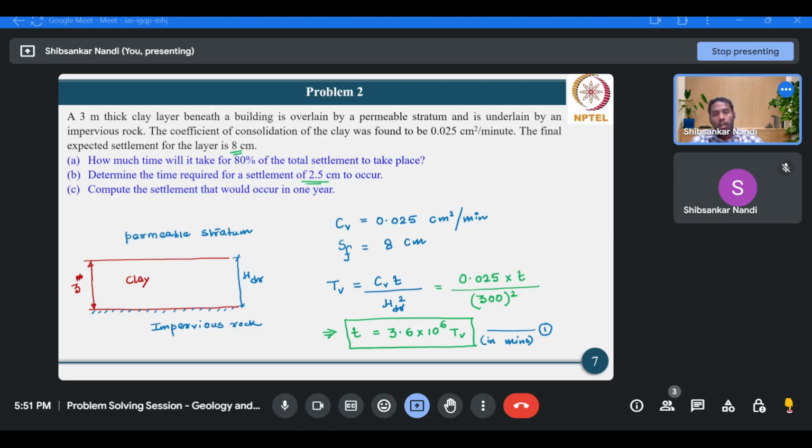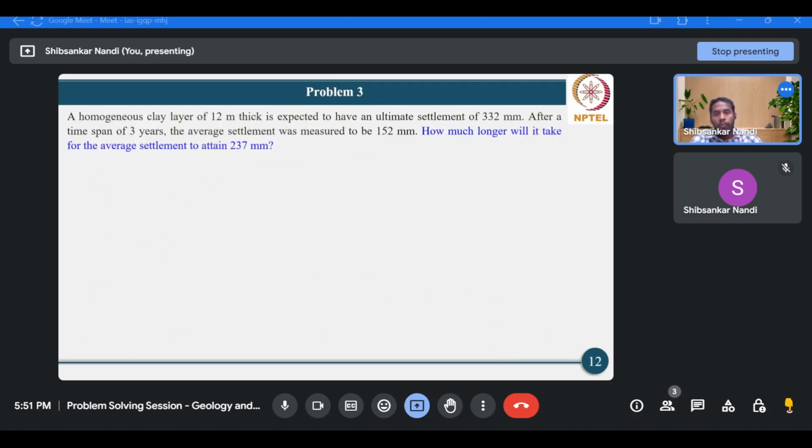Now we'll take the next problem, that is problem 3. In problem 3, a homogeneous clay layer of 12 meter thickness is expected to have an ultimate settlement of 332 millimeter. After a time span of 3 years, the average settlement was measured to be 152 millimeter. How much longer will it take for the average settlement to attain 237 mm?